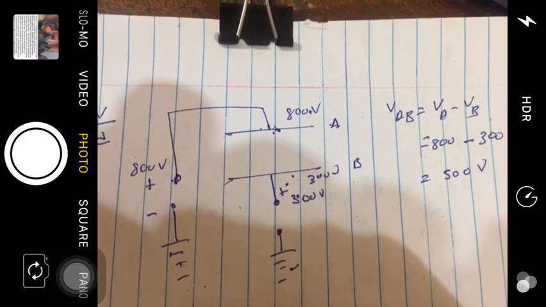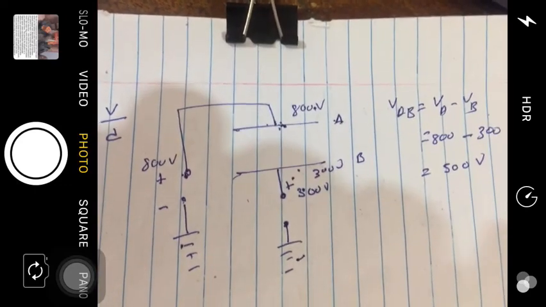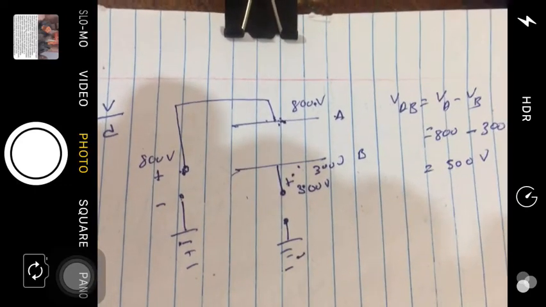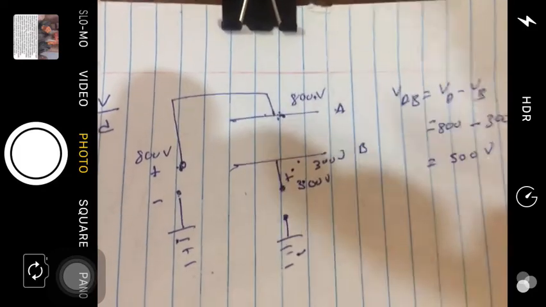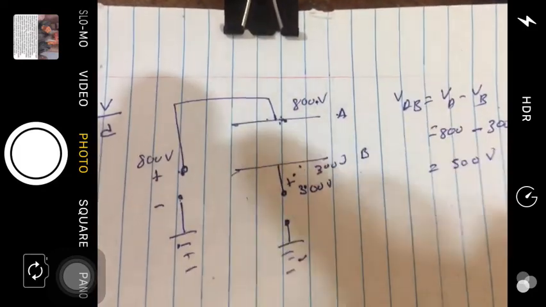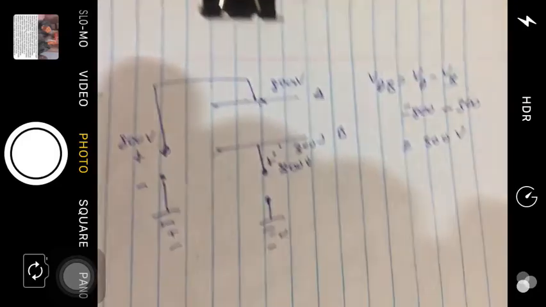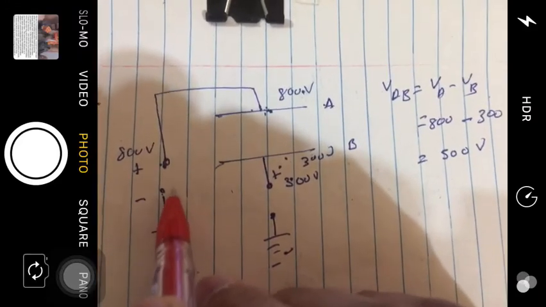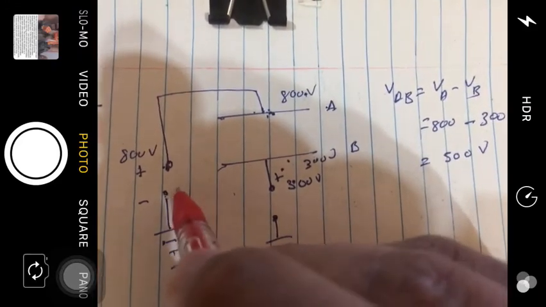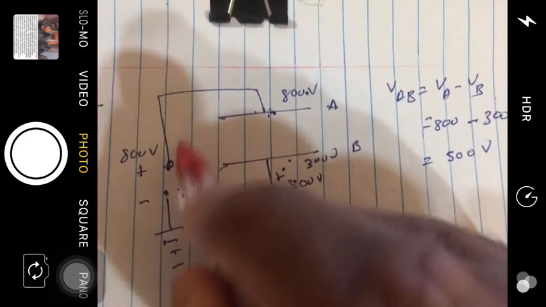Or you can think like this, from the very basic definition of voltage, potential difference. It is the energy transferred per coulomb of charge when it goes from one point to the other. If 1 coulomb of charge has to go to this point from here, it needs 800 joules.